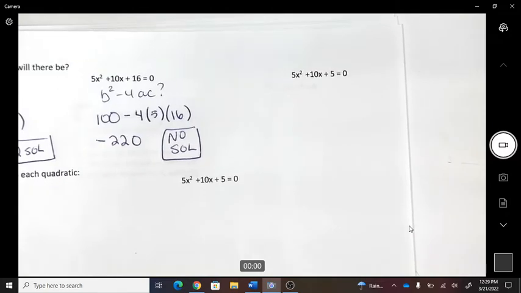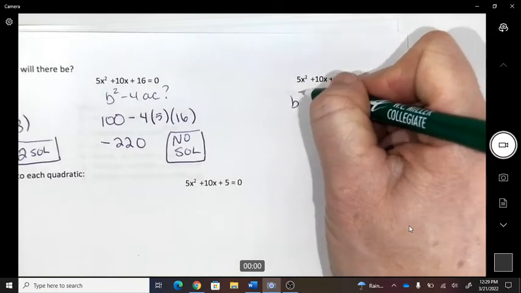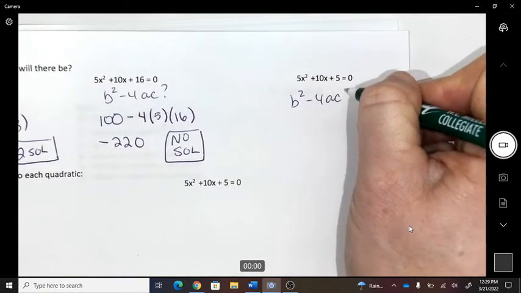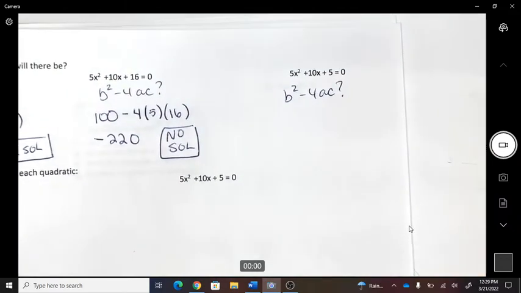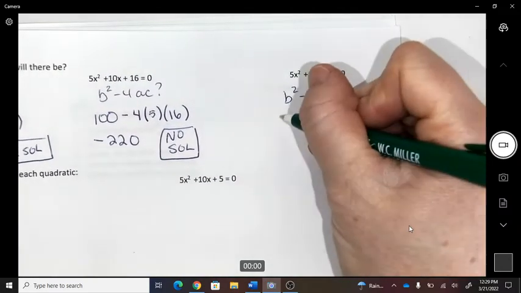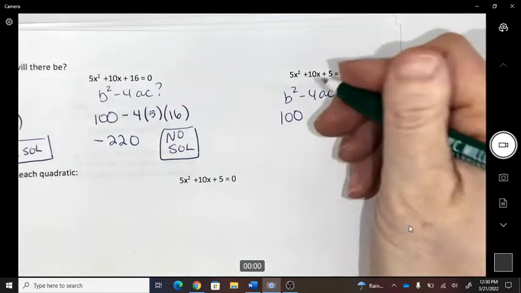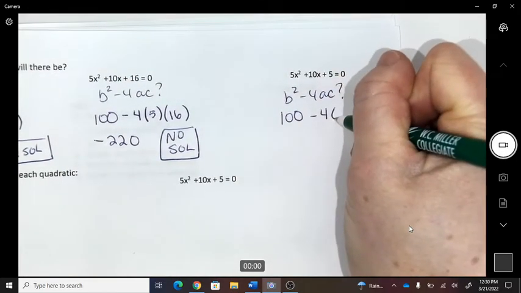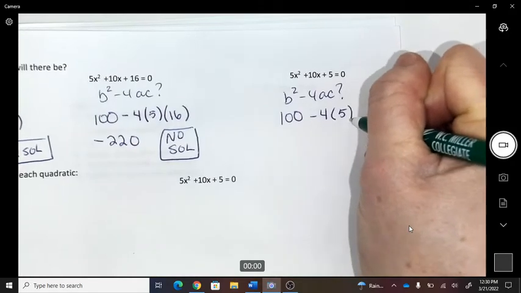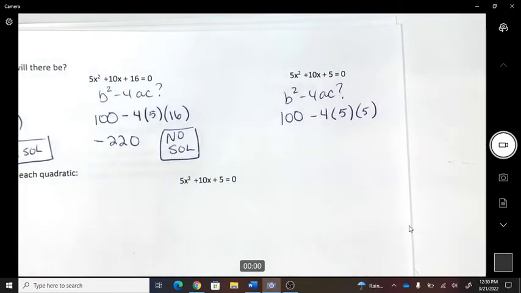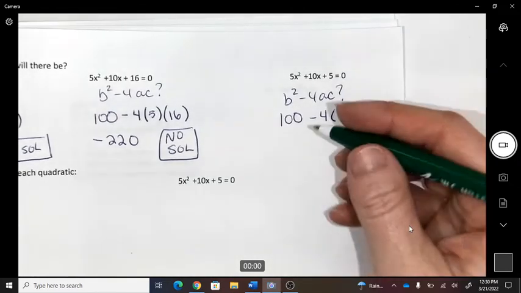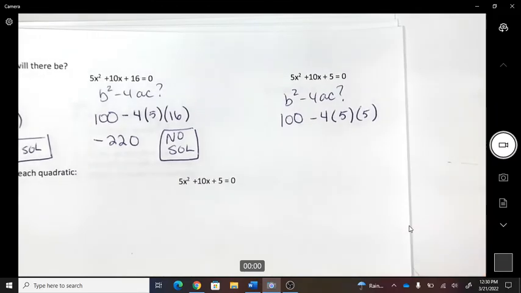And the last one. What's going on? So 100 is the b squared, because 10 squared. Subtract 4 times the 5 in the front times the 5 in the back. You do your math on that in your calculator.